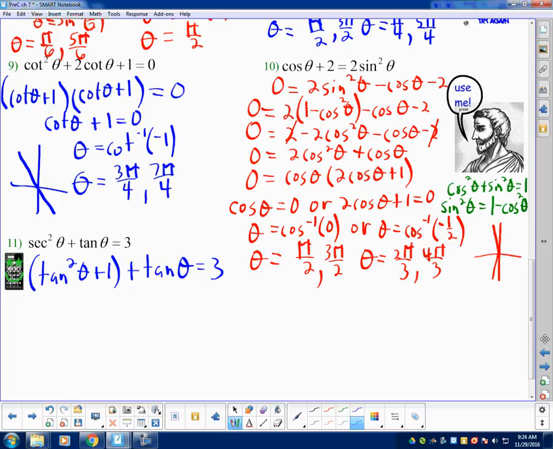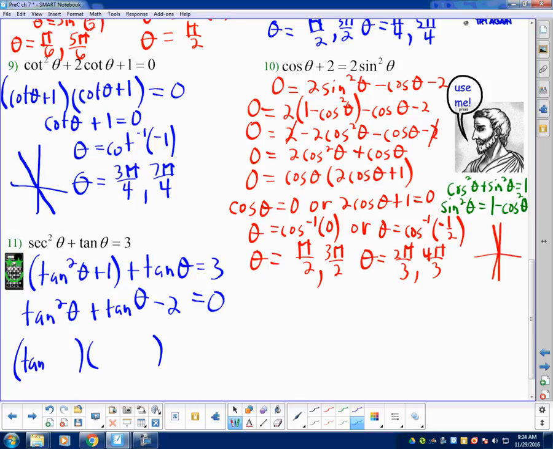That's my first step, replace with that identity. And then move everything over. I've got tangent squared theta plus tangent theta, and then minus 2, if I subtract the 3 over, equals 0. And I've got a quadratic trinomial that is factorable.